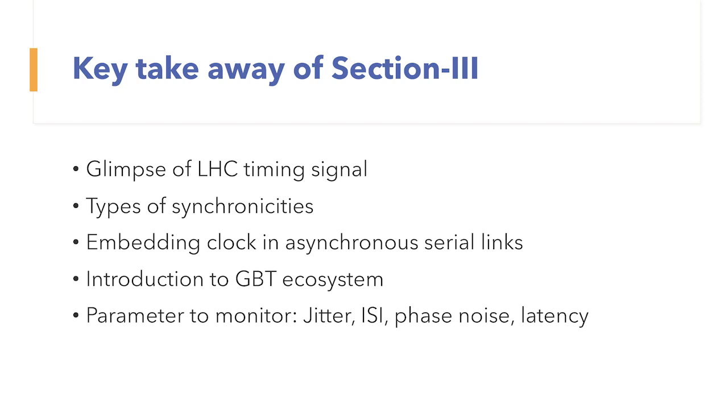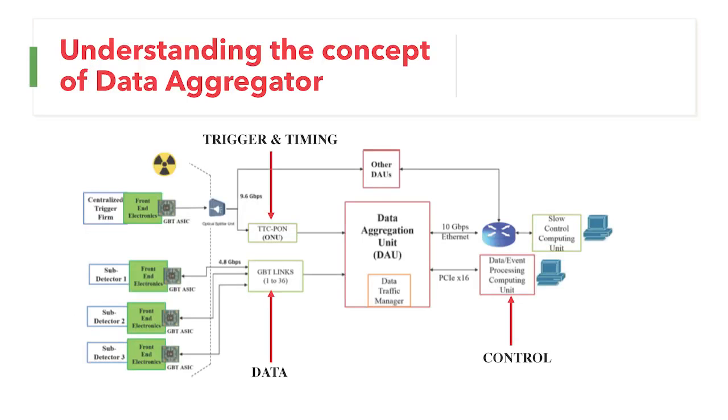Okay. Now I go into the last section of this talk, that is section 4. As I mentioned earlier in section 3, the concept of data aggregator. Now, why, all of a sudden, are we using a data aggregator in high energy physics? This I have mentioned in section 2, if you can remember, the triggerless architecture.